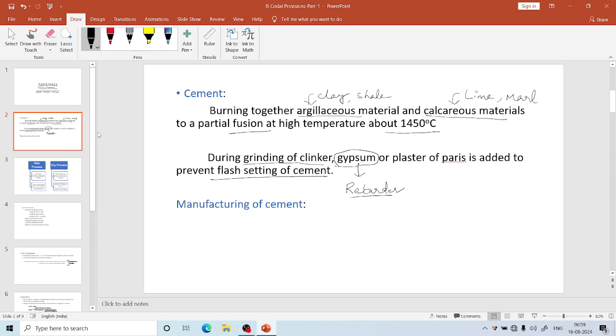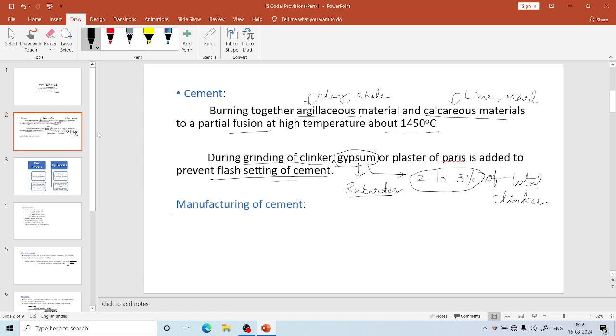To prevent the cement from setting immediately after mixing with water, we add gypsum at the final stage, about 2 to 3% of the total clinker nodules. We add this percentage at the grinding stage to prevent flash setting.